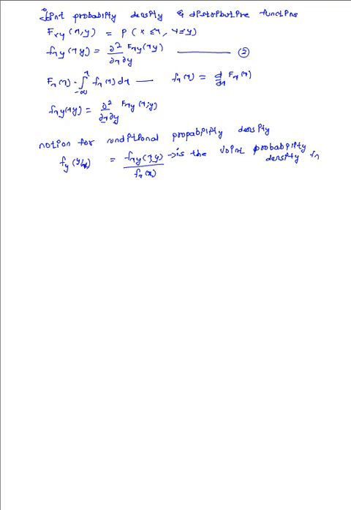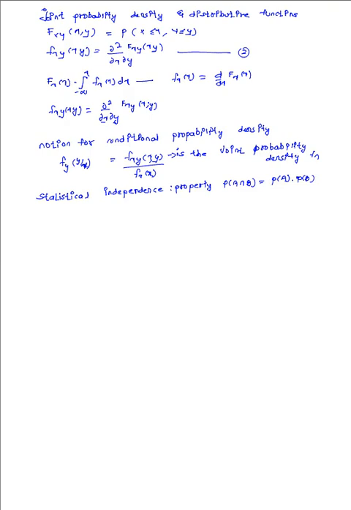For example, earlier we have seen the statistical independence property. For joint events A and B, the probability of A intersection B is equal to the probability of A into the probability of B. This property is satisfied whenever A and B are statistically independent.